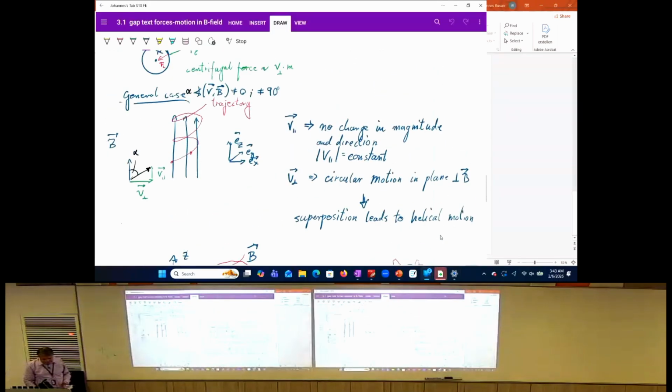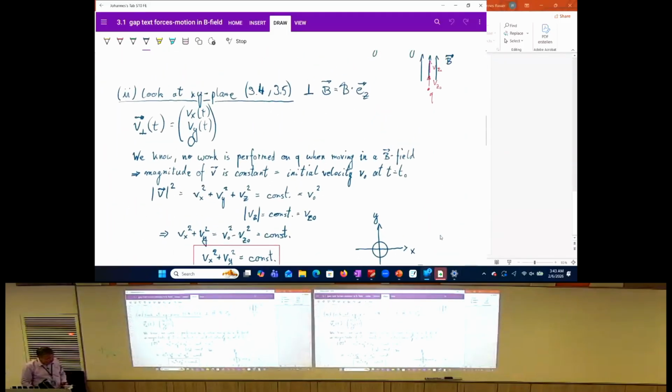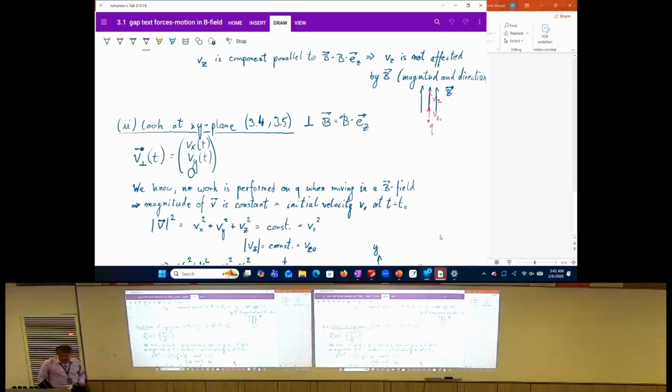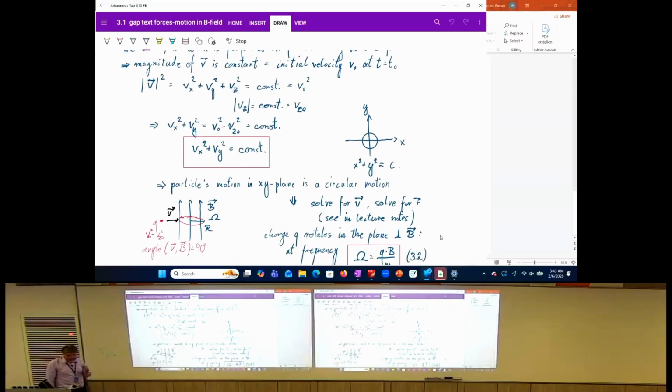Then we were arguing more qualitatively what is happening, because all details you get in the printed notes: what trajectory, what motion will we obtain when a charged particle enters a magnetic field.